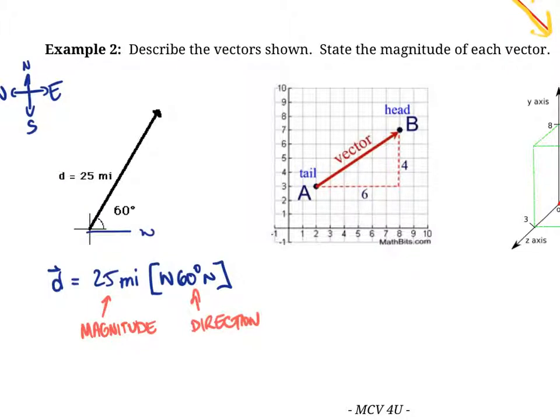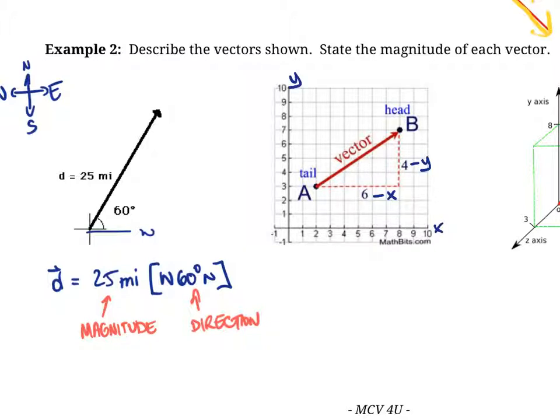This is a vector that goes from A to B, so the vector probably should be called AB. Now, this one, it's a little bit of a pain to find the direction in terms of a degree. So instead, we can describe the vector in terms of its change in x and its change in y, right? So essentially this is the x part of the vector, and this is the y part of the vector, if we call this the x-axis and the y-axis.